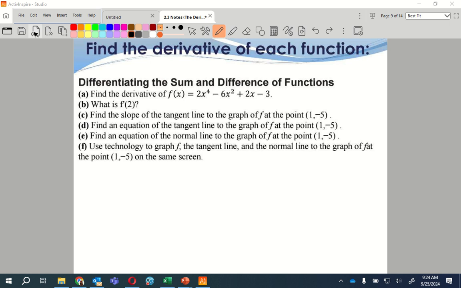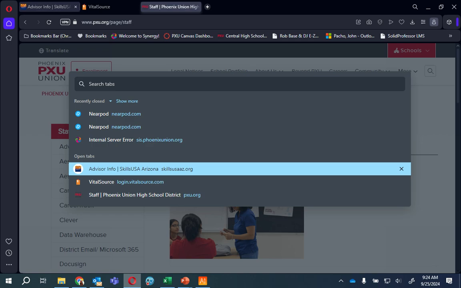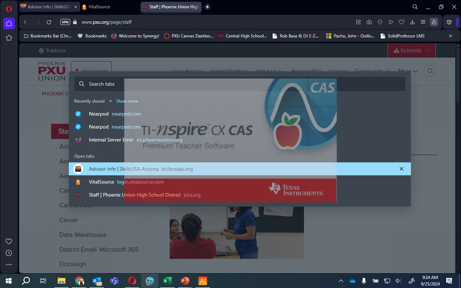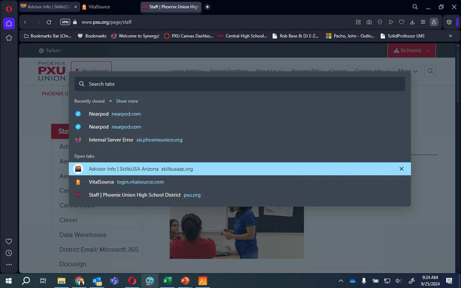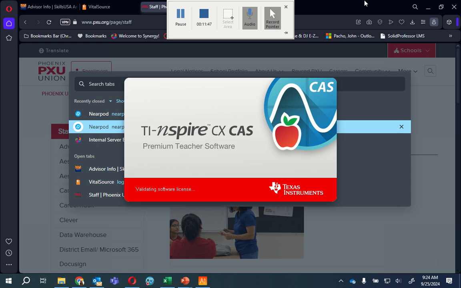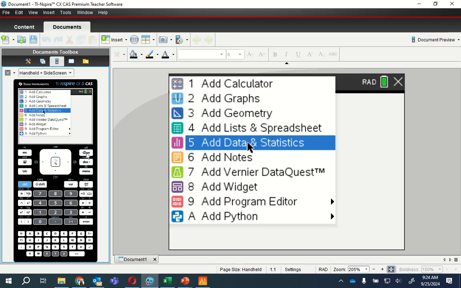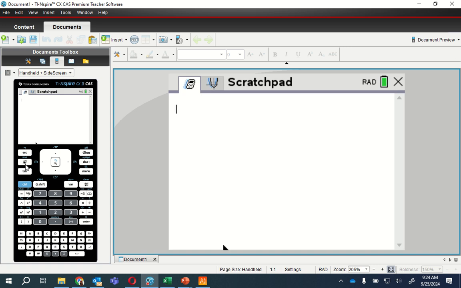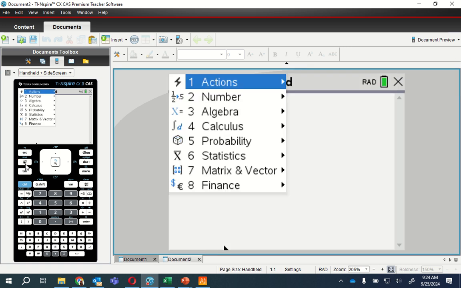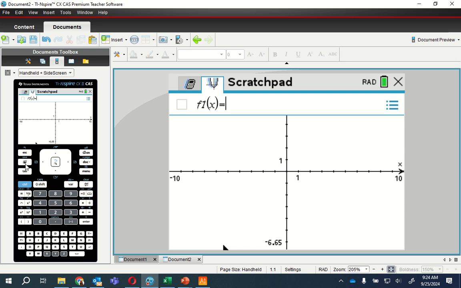And technology: graph the tangent and the normal on the screen. How weird. Why is it popping up like this? Alright, scratch pad. Okay, so I had the function.